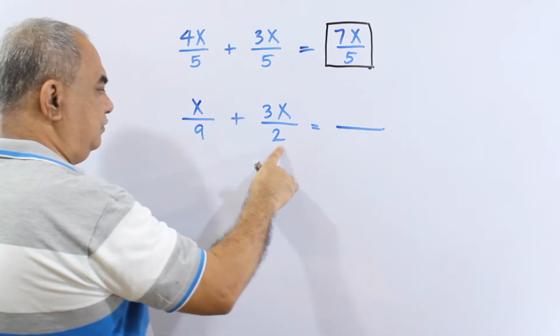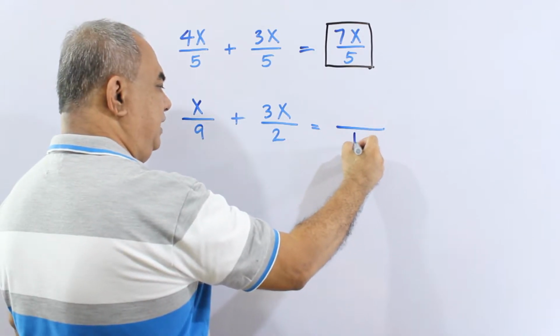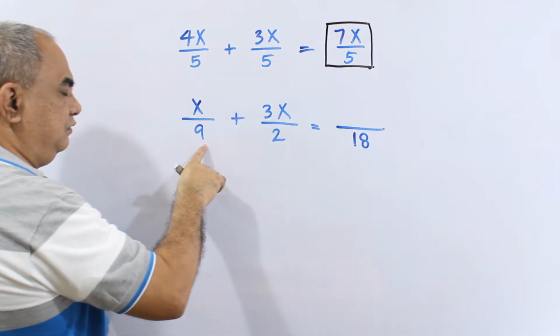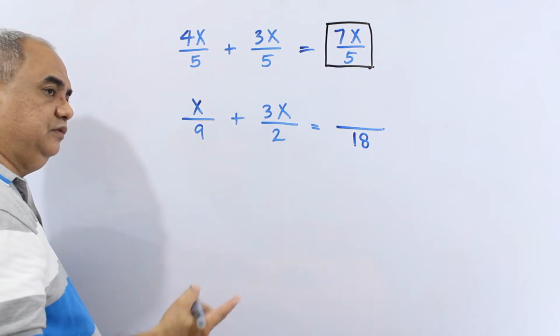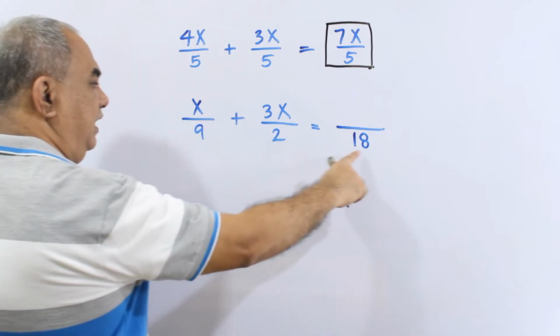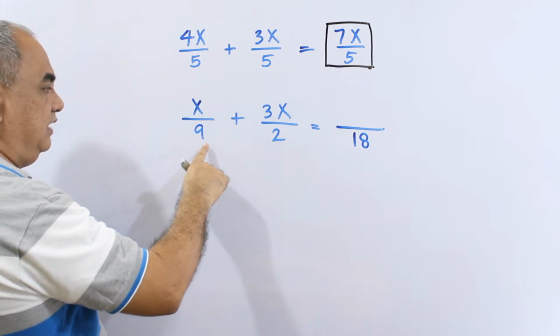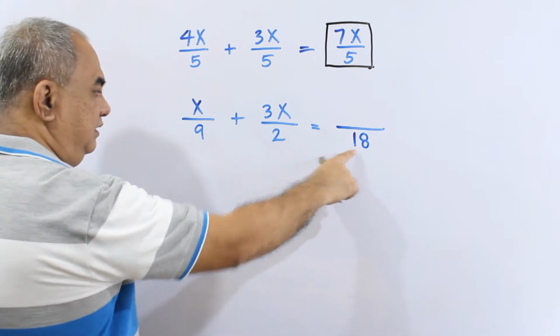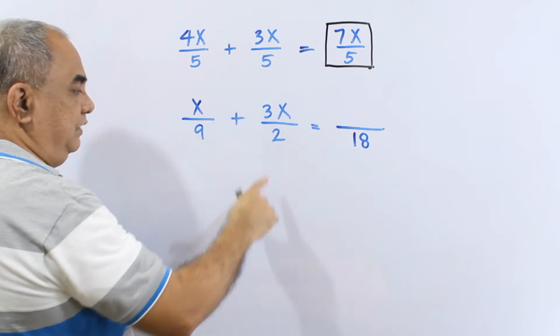The LCD of 2 and 9 is 18. You will notice that this 18 is the product of 2 and 9. If we investigate further, this 18 is really the LCD, or simply the LCM, of 9 and 2.